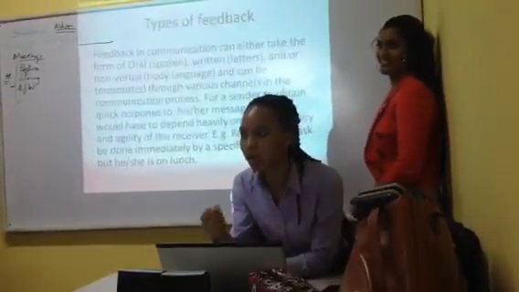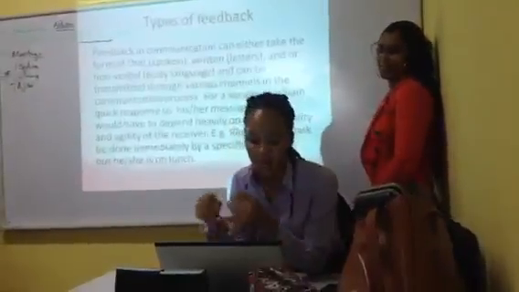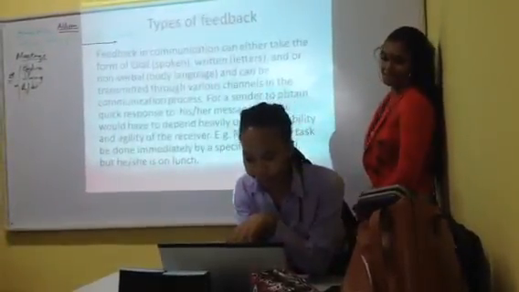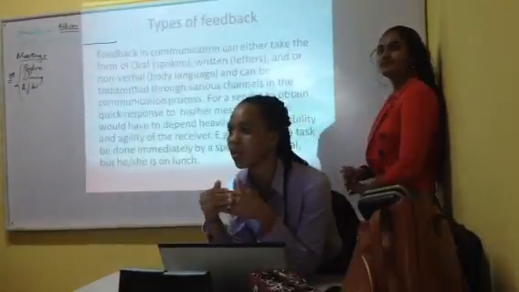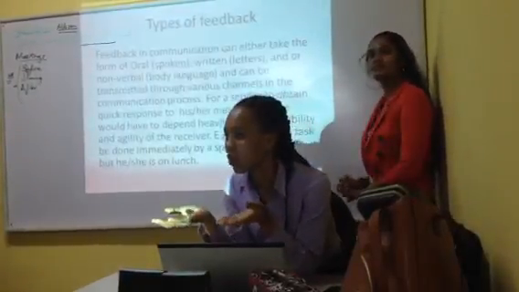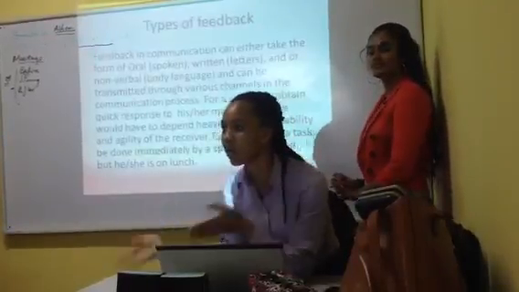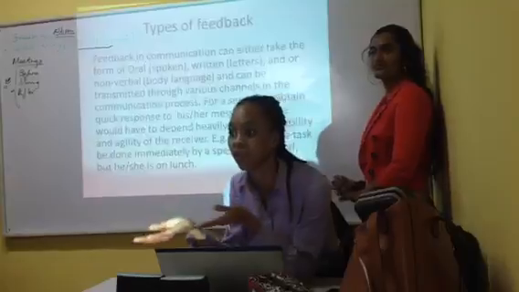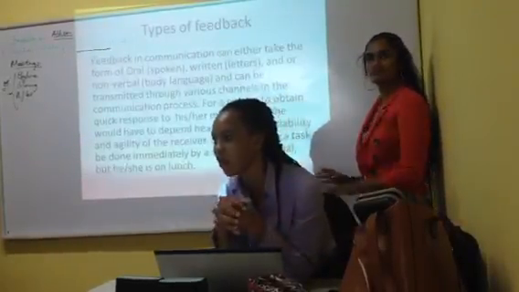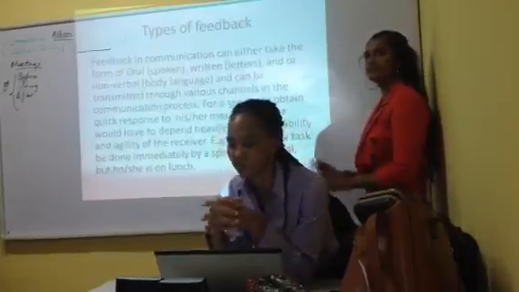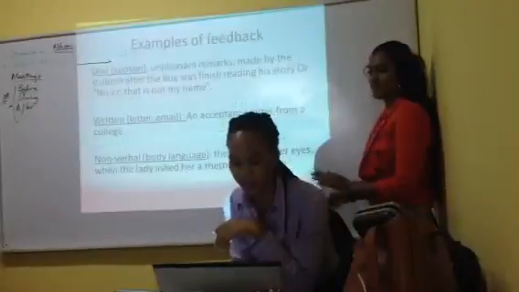So that's what I mean according to the availability of the person and the agility. So meaning like the agility is how fast the person can move. Like if it's a new worker, and you tell them copy 1,000 of this letter and distribute it. But the person is new, so obviously they won't be able to copy 1,000 files within half an hour. So that's what I mean by the availability and the agility of the receiver.